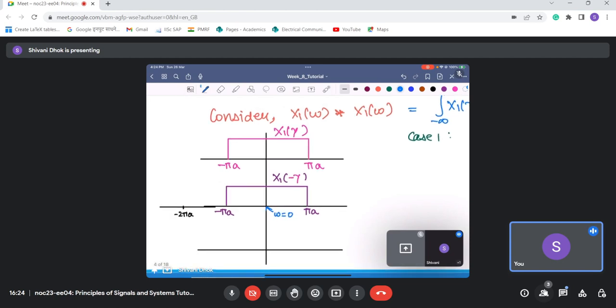If my omega is less than minus 2 pi a, the situation is something like this.